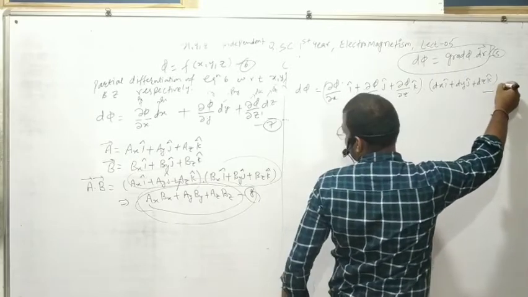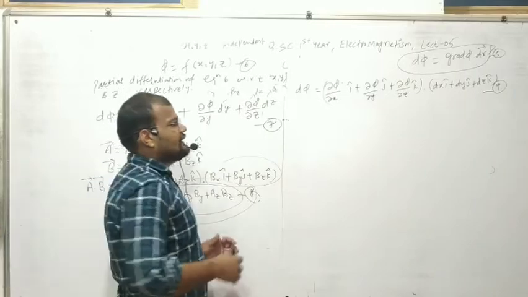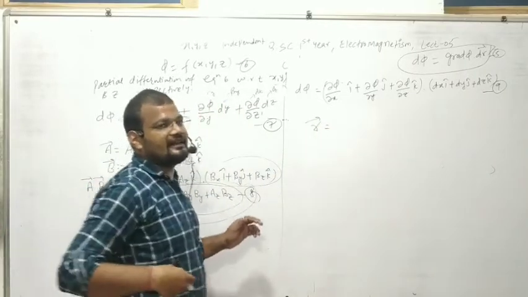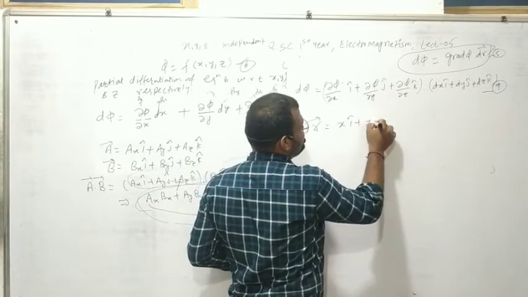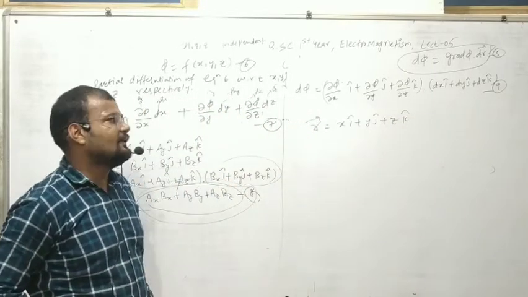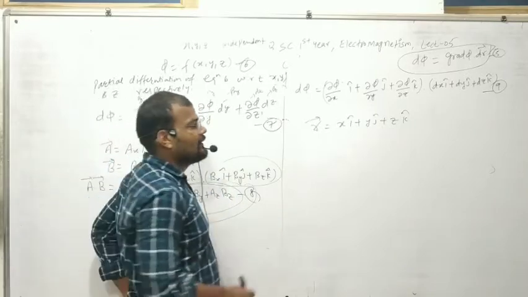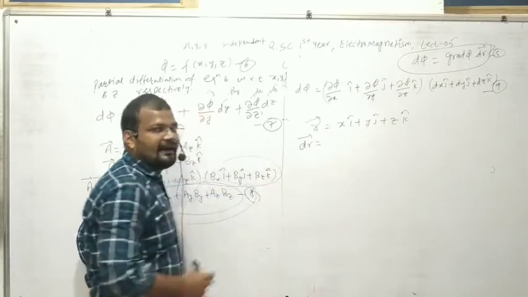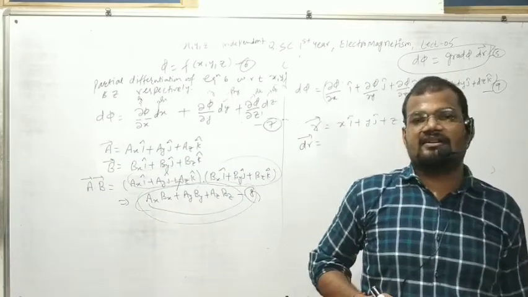Equation number 9. And you know the position vector r vector is written as x i cap plus y j cap plus z k cap. So what will be the dr vector? Dr vector is the change in r. So you want to see the change in x, y and z.